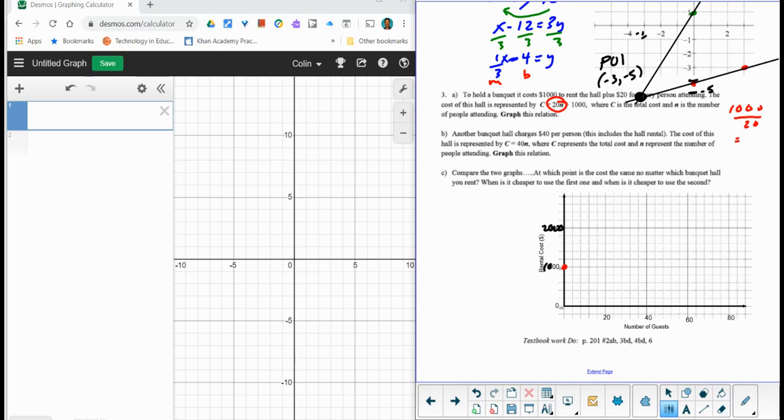That's probably 50, I think. So we would want 50 here. Now 50 doesn't work out that great because we scaled by 20s here, which is a little different. But we can get 50 pretty good here, though.